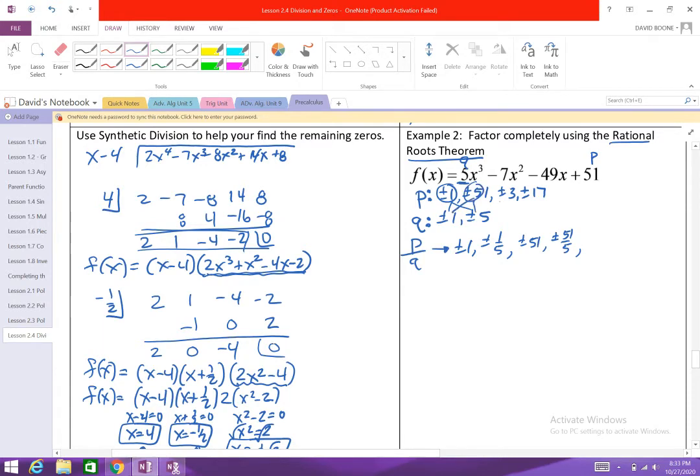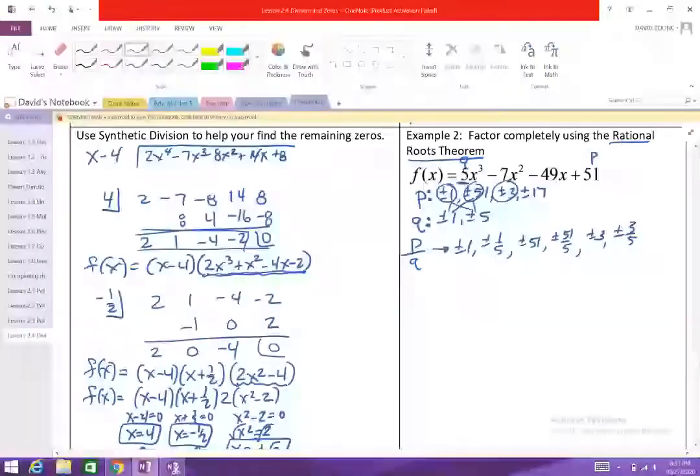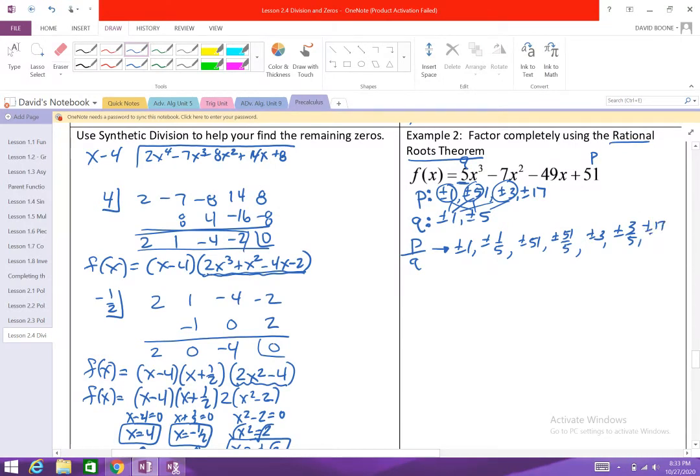And so that was these. Now I'll take the 3. Plus or minus 3 over 1 is plus or minus 3. Plus or minus 3 over plus or minus 5 is plus or minus 3/5. So the last one is just a 17, so plus or minus 17, and then plus or minus 17 over 5. So those are all of the possible rational roots.